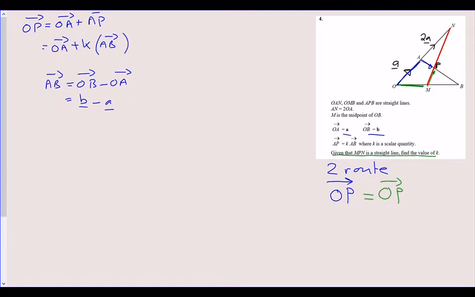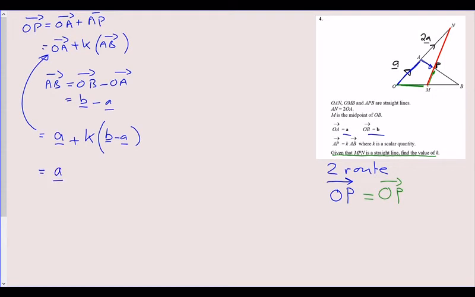So I'll substitute that back into the whole expression. I've now got a plus k lots of b minus a. Now I'm just going to expand this out and collect like terms, because I know it is a two-route question, so I have to get to OP in two different directions.